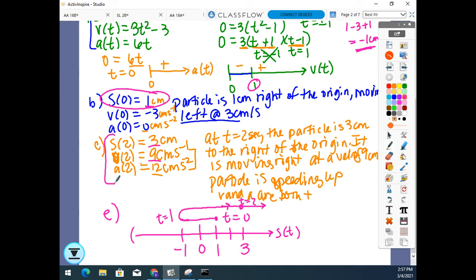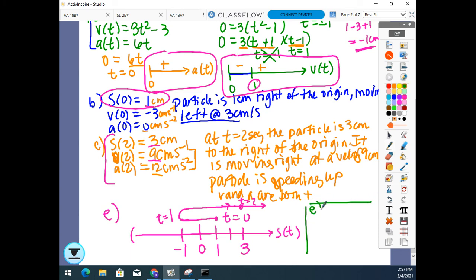Okay. And letter D, what time is the particle's speed increasing? So this is where, it's kind of like you want to overlap your sign charts for both velocity and acceleration. Let me do this down here in the corner. So everything is starting at 0.